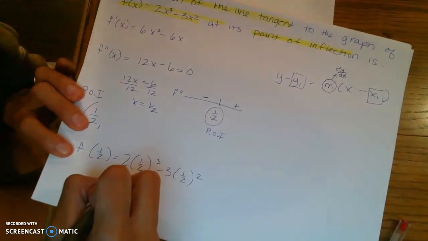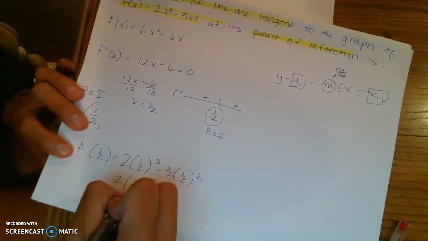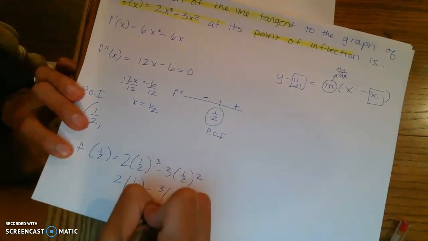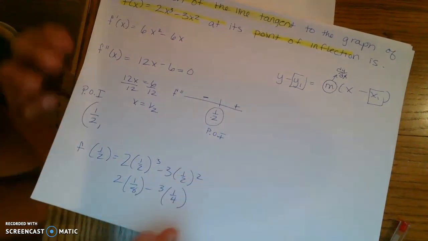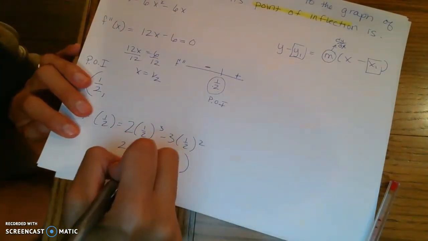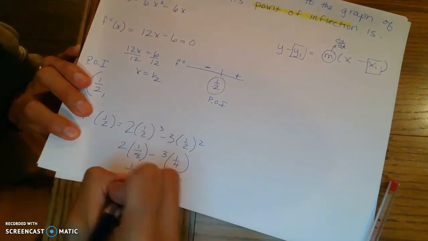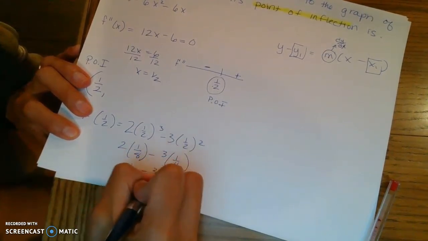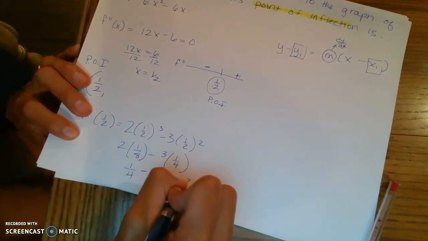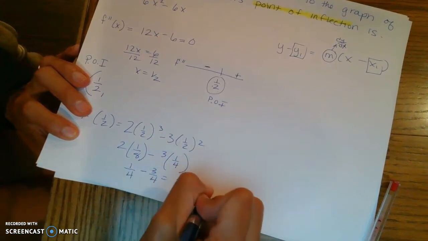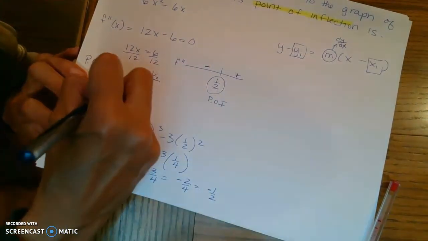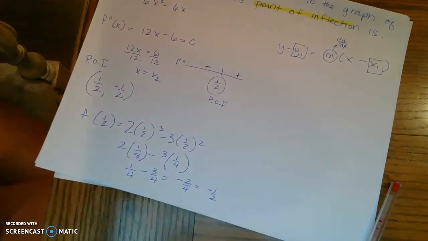So this just becomes 2 times 1/8 minus 3 times 1/4, which becomes 2 times 1/8 is just 1/4 minus 3/4, which then gives me negative 2/4, which is just negative 1/2. So the point is 1/2, negative 1/2.